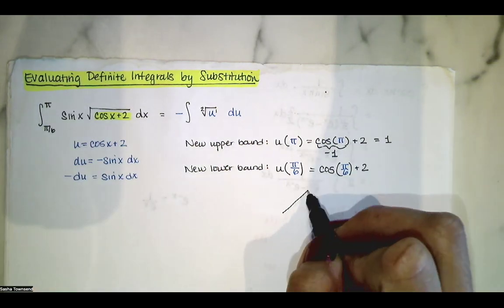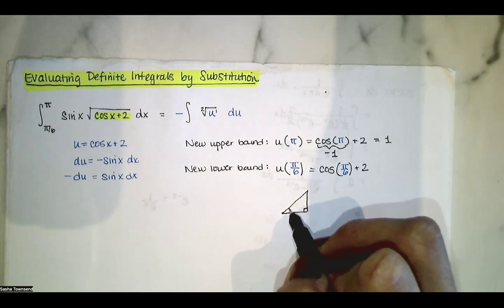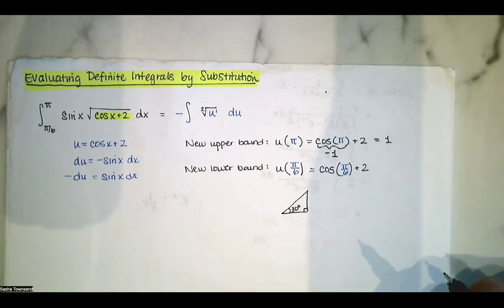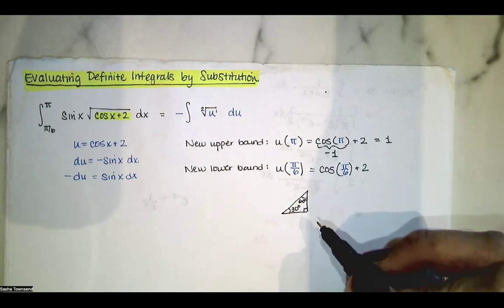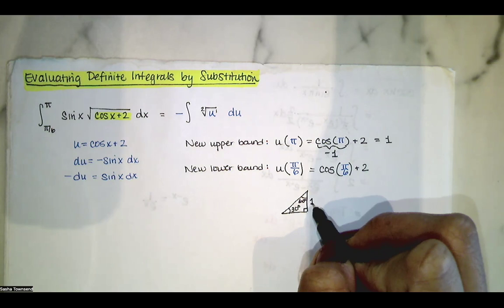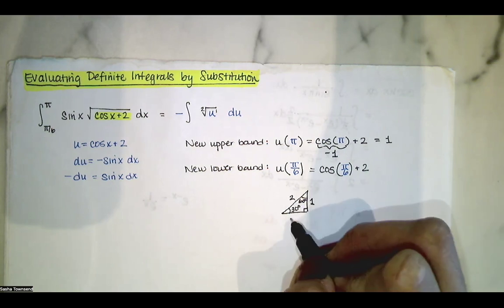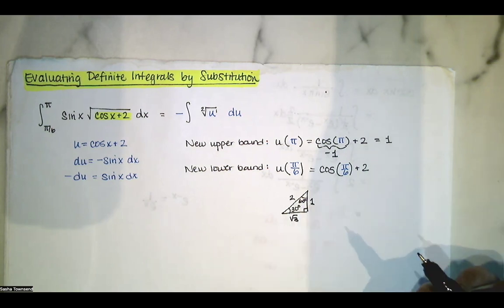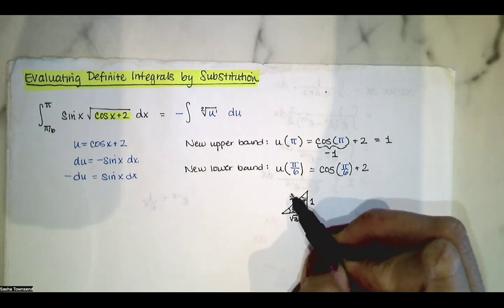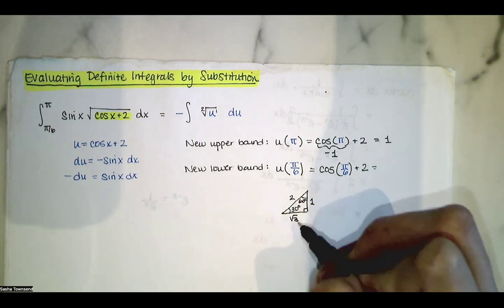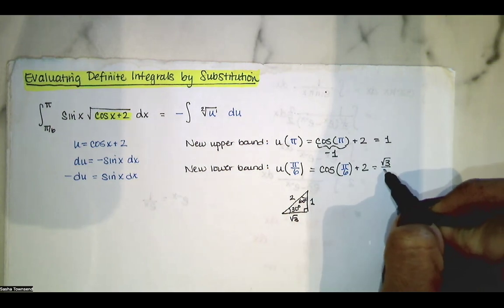And cosine of pi over 6, well, pi over 6 is a 30-degree angle. So this is a 30, 60, 90 triangle. The side opposite the 30 is a 1 when the hypotenuse is 2, and the side opposite the 60 is a square root of 3. So the cosine of pi over 6 is the adjacent side divided by the hypotenuse. That's square root of 3 divided by 2.